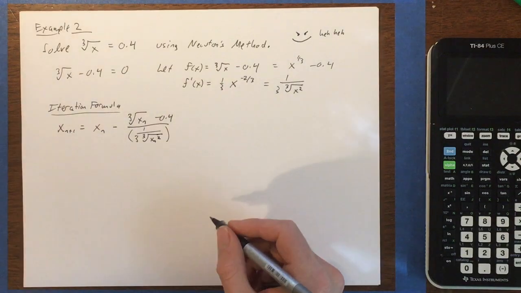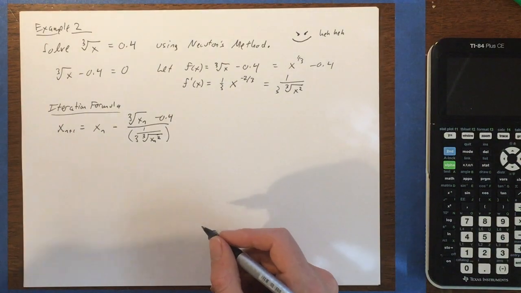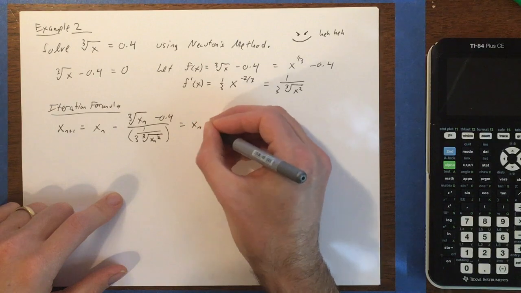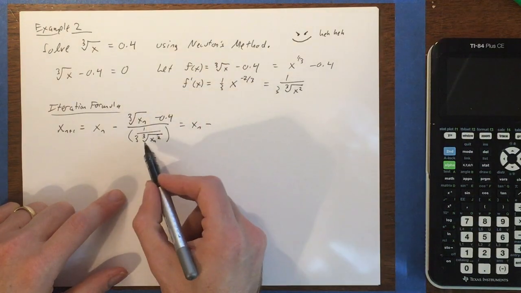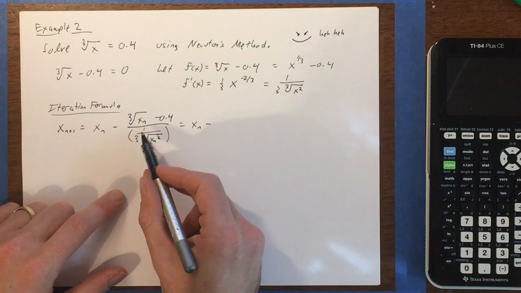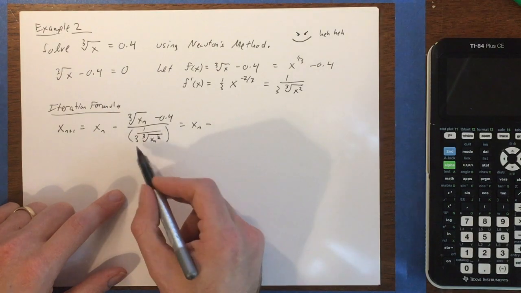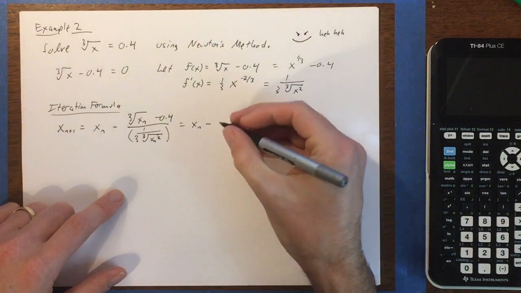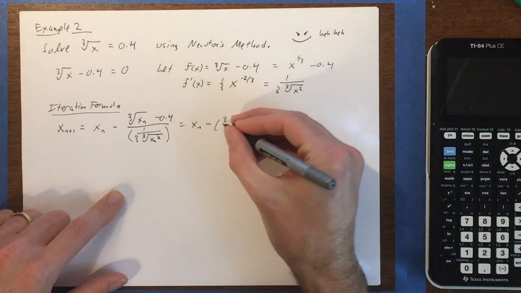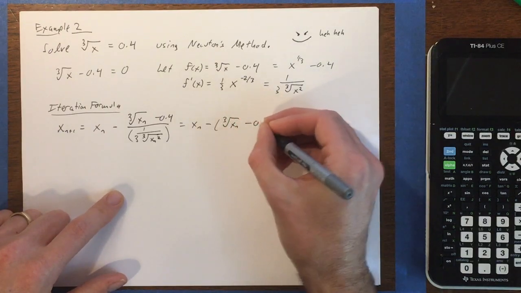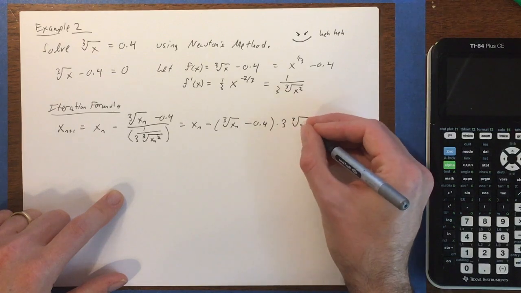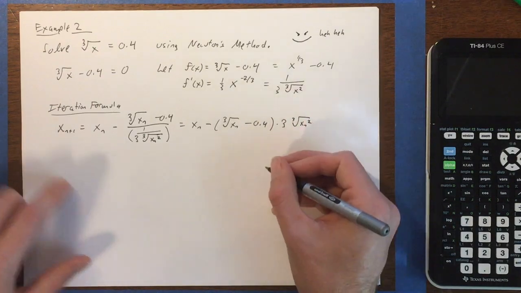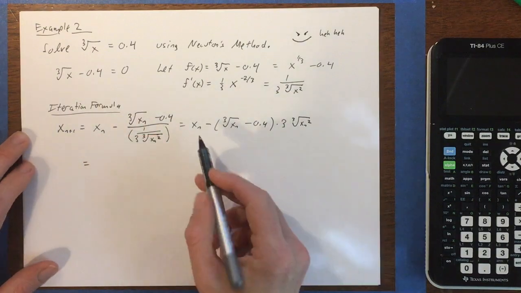Okay, so let's simplify that up before we go any further. So we're going to have xn minus... since we're dividing by this fraction, let's rewrite that as multiplying by its reciprocal. So the 3 times that cube root is actually going to end up in the numerator. So it's going to be the cube root of xn minus 0.4 times 3 cube root of xn squared. All right, simplifying.